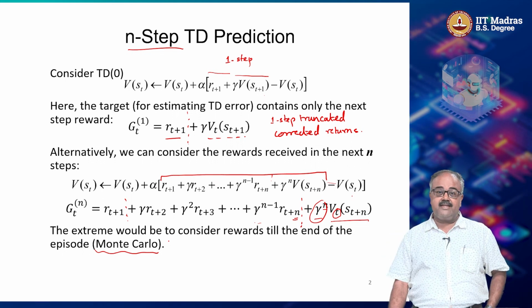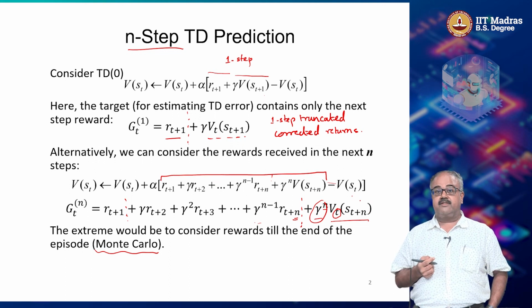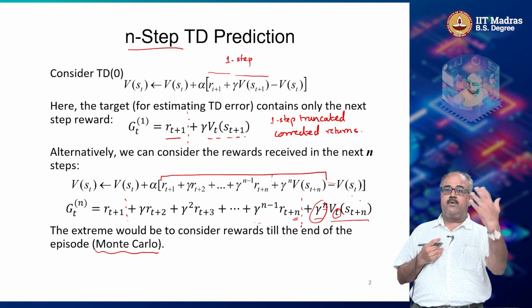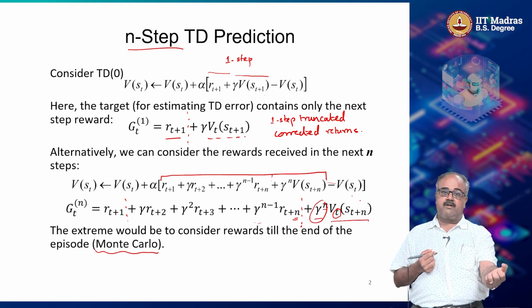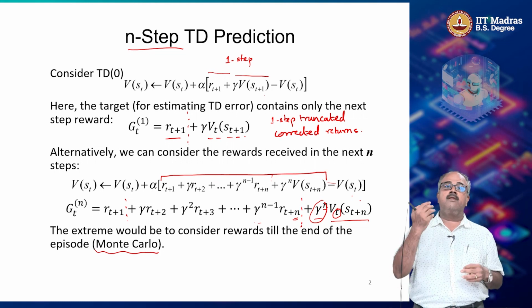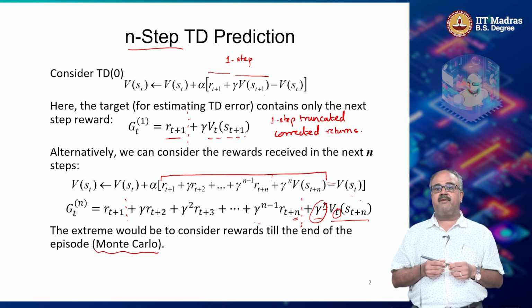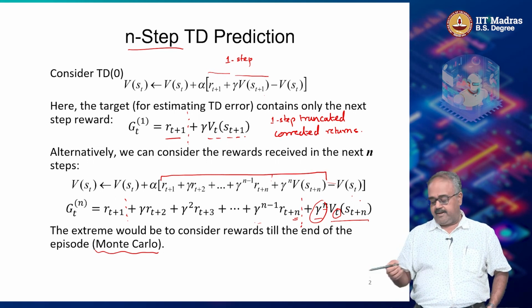In such a case, the variance can become very large, and it can slow down the convergence. So there are these two trade-offs. On one side, you have a better estimate of the return to begin with because it's an unbiased estimate, a true return sample. On the other hand, the variance becomes very high, and you have to wait a long time before you can make the update.